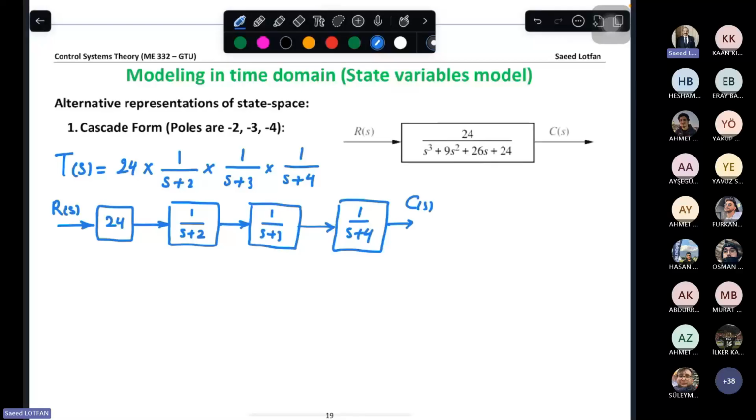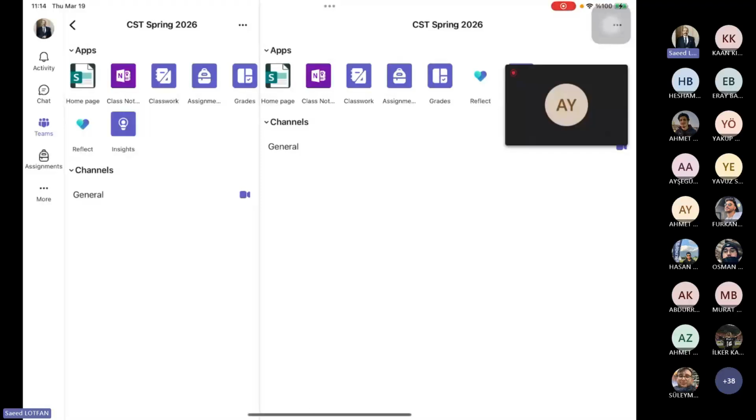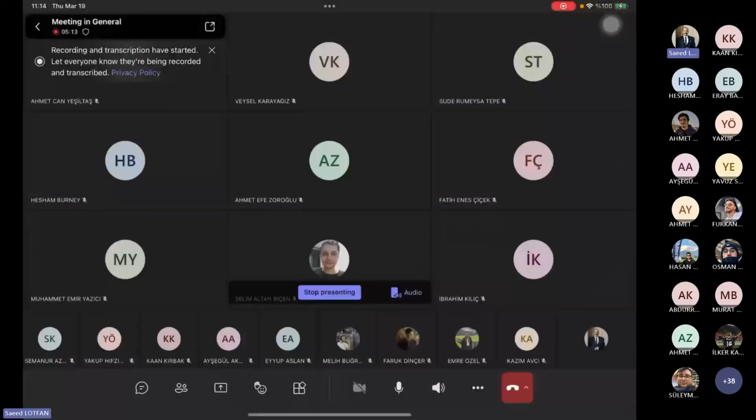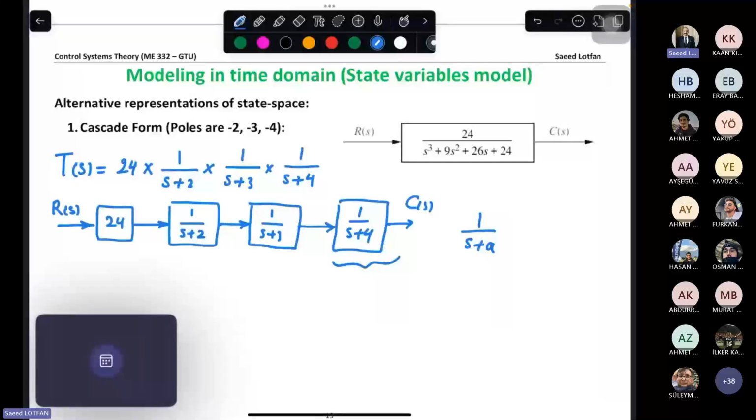Now, each of these blocks is 1 over S plus A. Clear, guys, that each of these blocks is 1 over S plus A? I would be happy to hear from you guys.